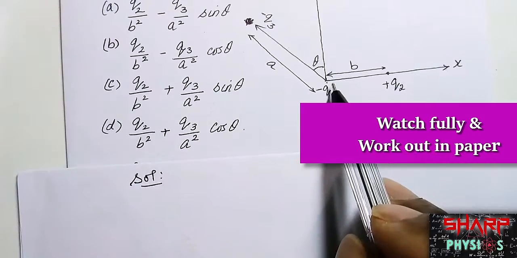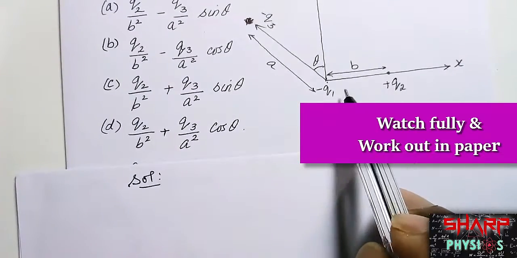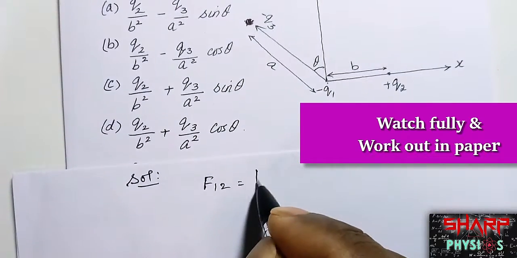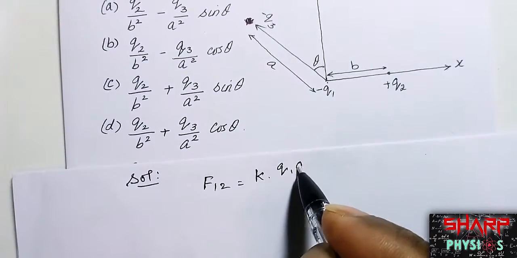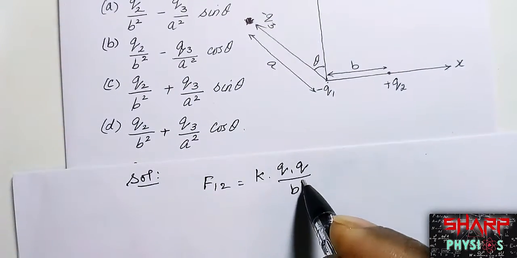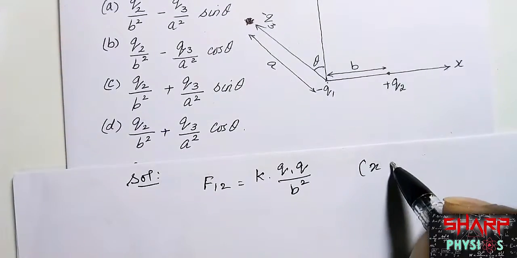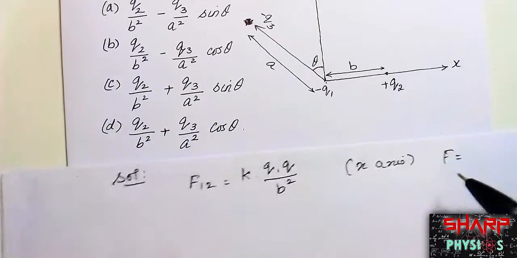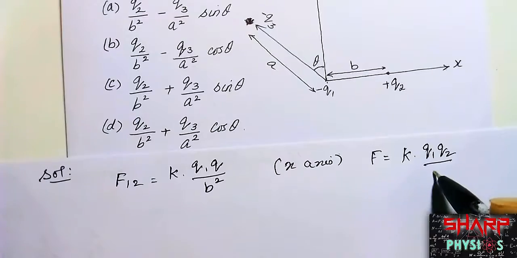So the force acting on the x-axis from Q2, you get F12 is equal to K into Q1 Q2 divided by b square in the x-axis. This is coming from Coulomb's formula: F is equal to K into Q1 Q2 divided by R square.